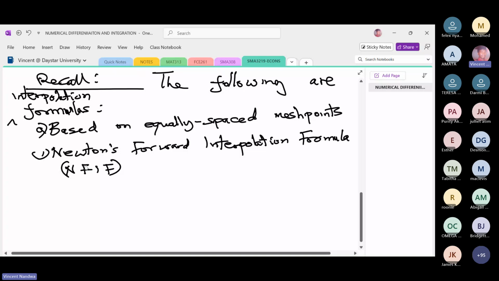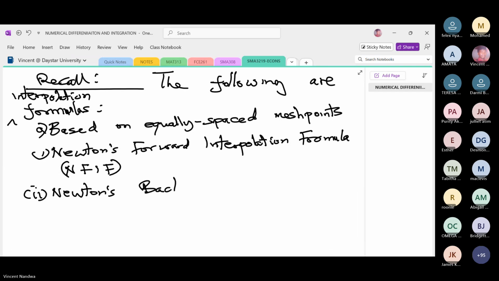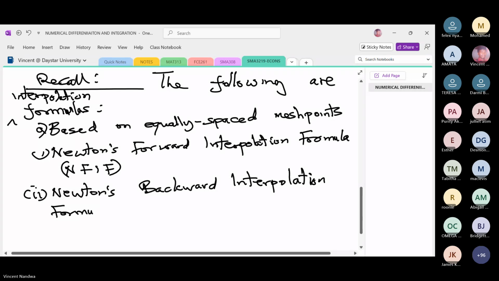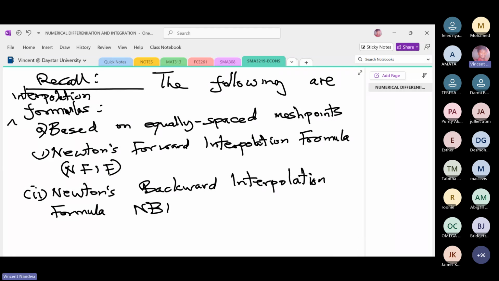Number 2, we have Newton's backward interpolation formula, NBIF, or you can also call it Newton's backward difference formula.